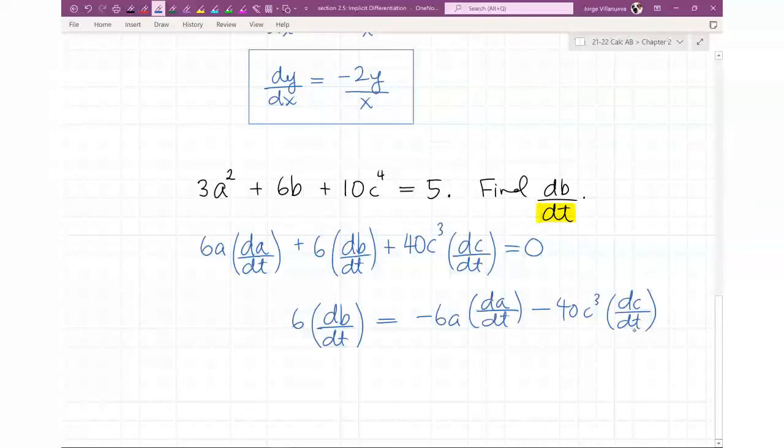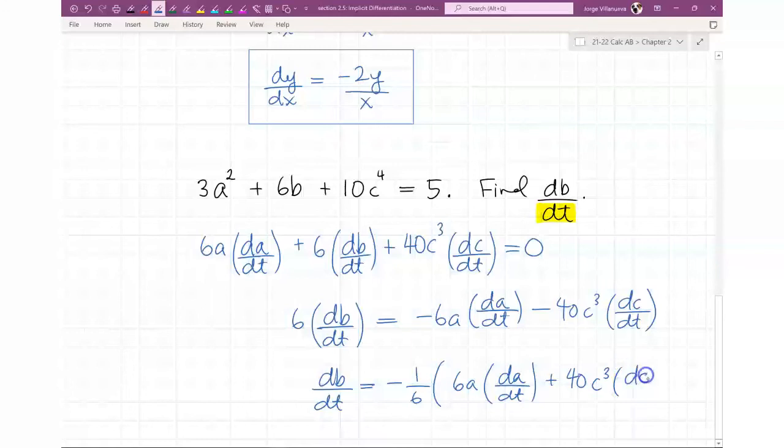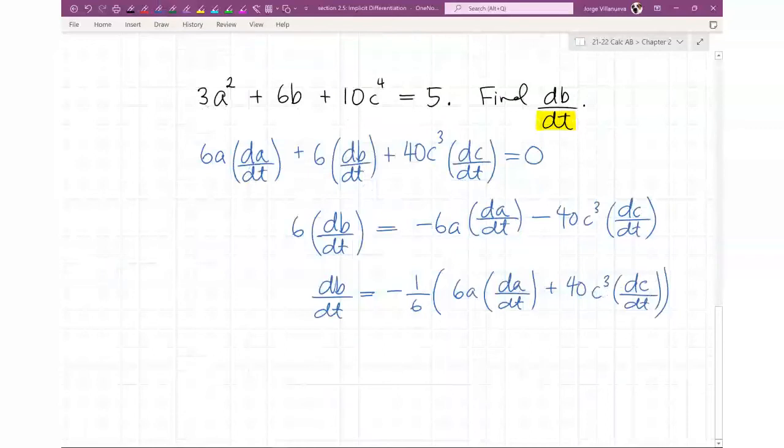And all I have to do now is divide by 6, right? So db/dt is equal to, I'm going to write negative 1/6, just to not make it such a big fraction, times 6a da/dt plus 40c cubed dc/dt. And there's your answer for db/dt.